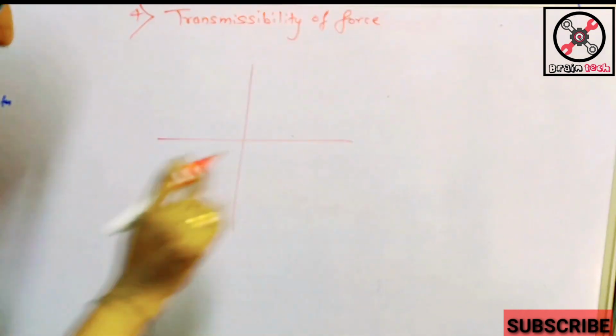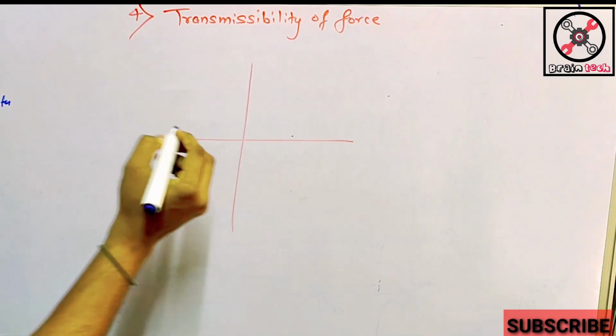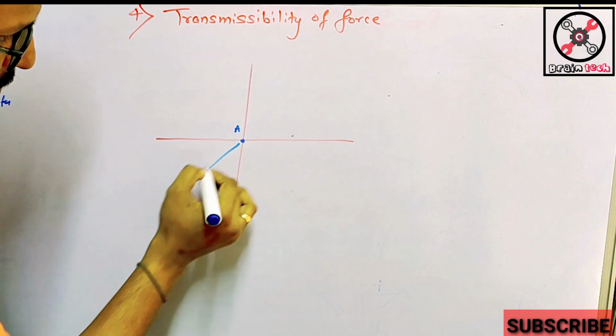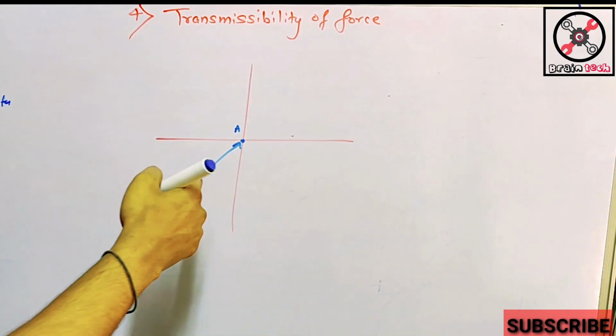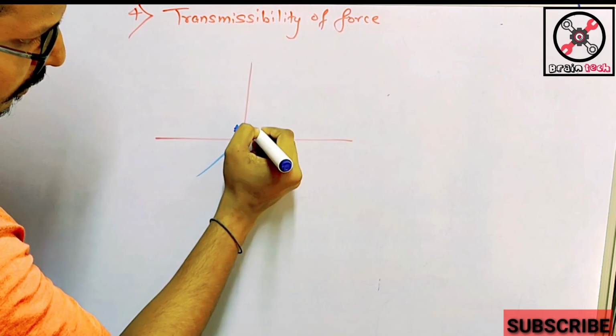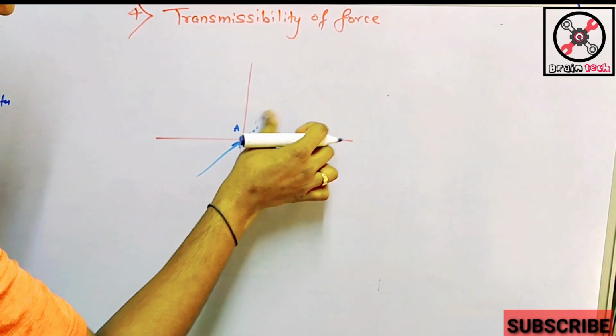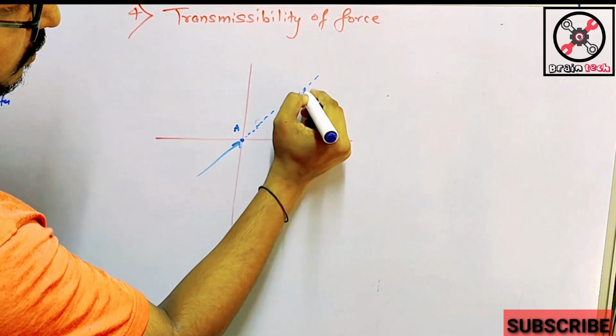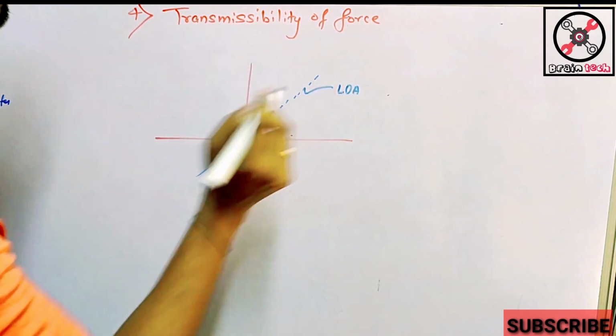For example, one more I'll give you. Suppose this is a quadrant. On this quadrant, this is a point A. If this is a force, draw the line of action along the force. The force is like this. Just draw the line of action. This is known as LOA.